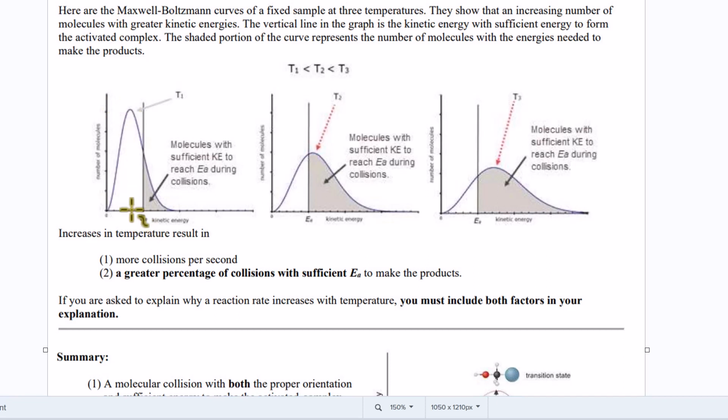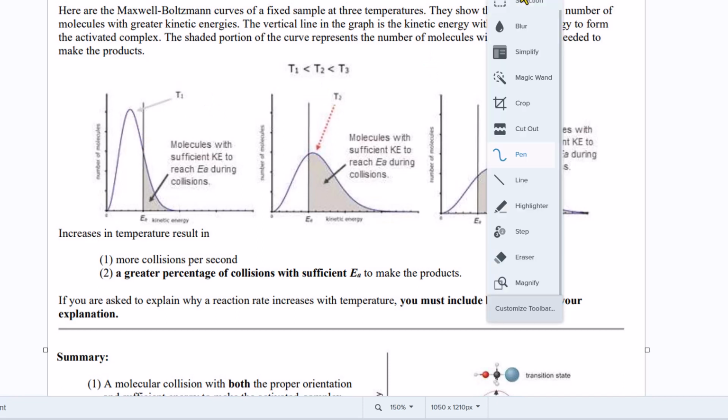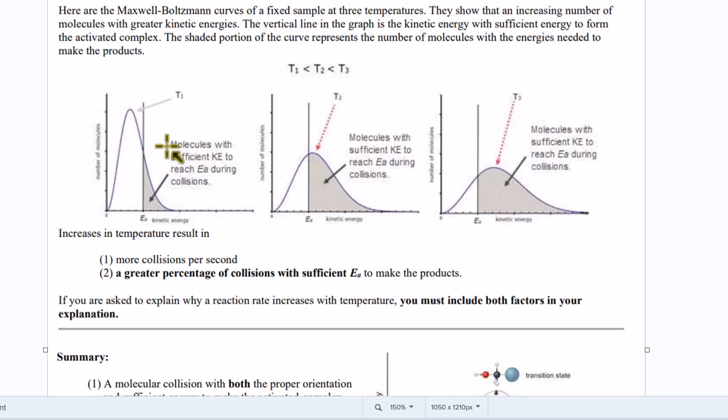This is the energy, and this height is the number of molecules. So if you want this energy, this is how many molecules have this energy. This is sort of the average. If we look at all these molecules bouncing around, this is the number of them, quite a few, that have this energy. The energy is on this axis.